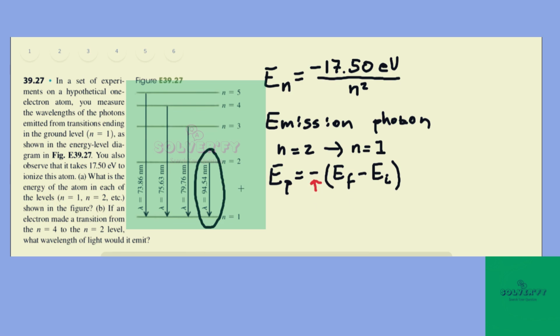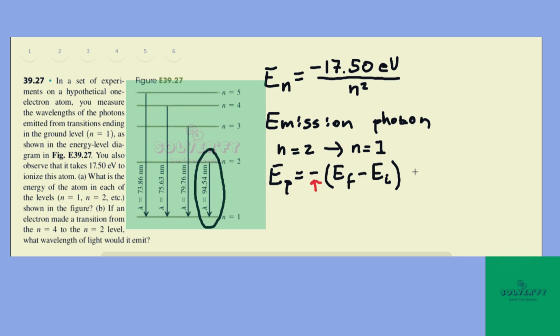In the last part, when we were going from a lower energy to a higher energy, it was positive, because we were adding energy into the system to make that transition happen. But now we're removing energy from the system to go from a higher energy to a lower energy. The photon is being emitted out of the atom, so it's being taken away from the atom, so we have this minus sign.